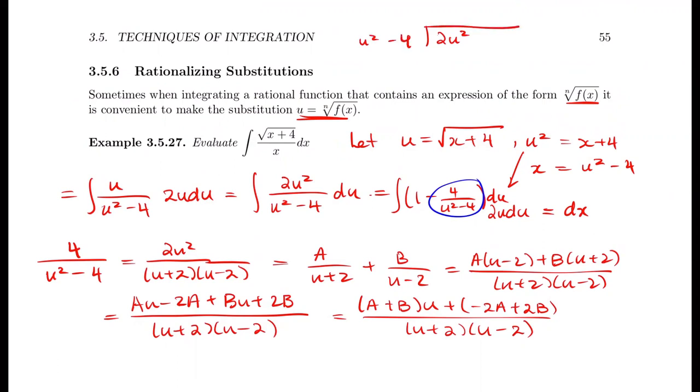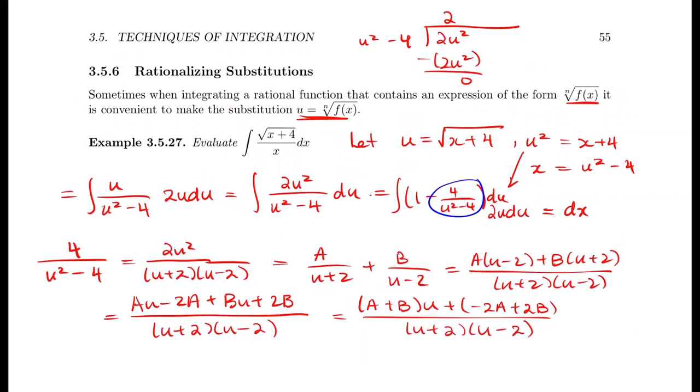So if we see how many times u squared goes into 2u squared, we see that it's 2 times. So we get negative 2u squared, which is equal to 0.